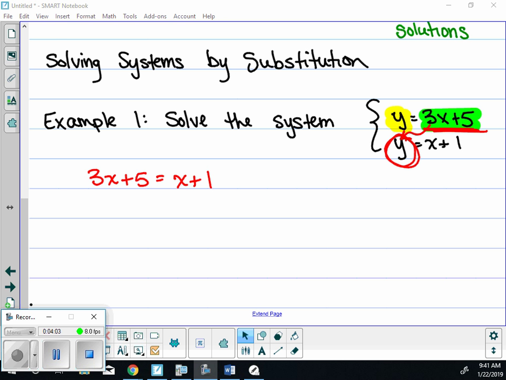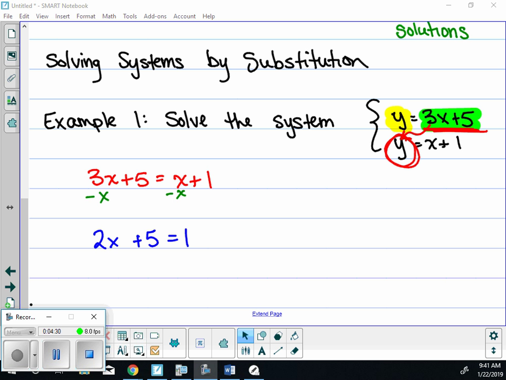So if we look at our equation, we have variables on both sides. I want to get all the variables on one side. So I can either subtract 3x from each side, or I can subtract x from each side. And if I subtract x, it's going to allow me to keep that number positive. So 3x subtract 1x gives me 2x plus 5 equal to 1.